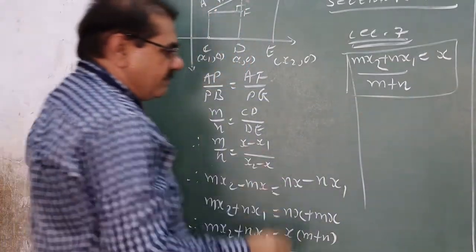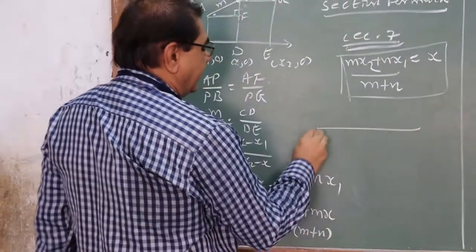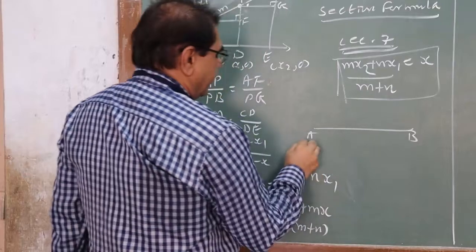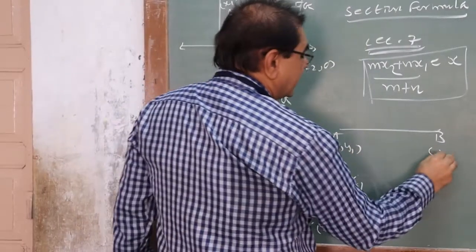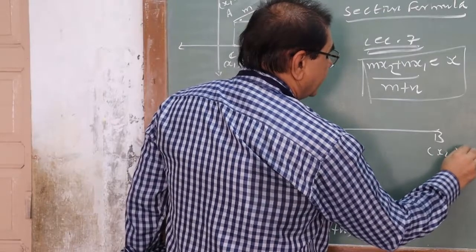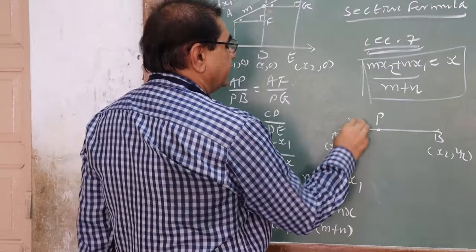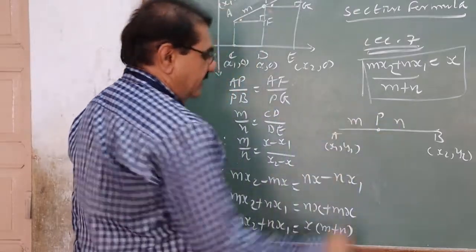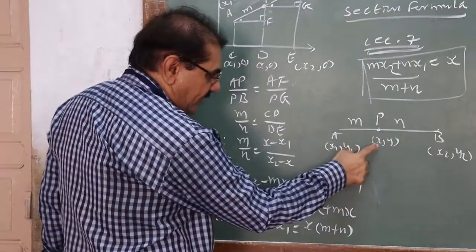Logically, I want you to understand this simply with the figure. These are any two points A and B. A carries the coordinates x1, y1, B carries x2, y2, and the point P divides the line segment in the ratio m is to n. Suppose its coordinates are x and y, then what is the value of x?